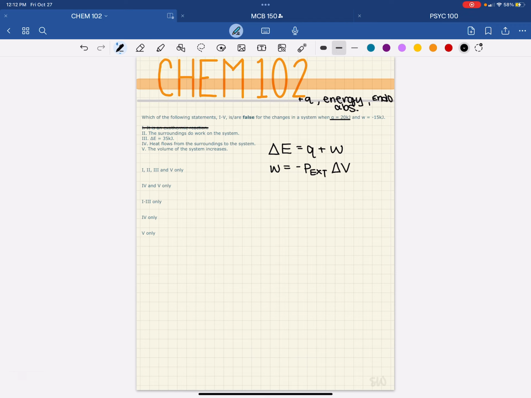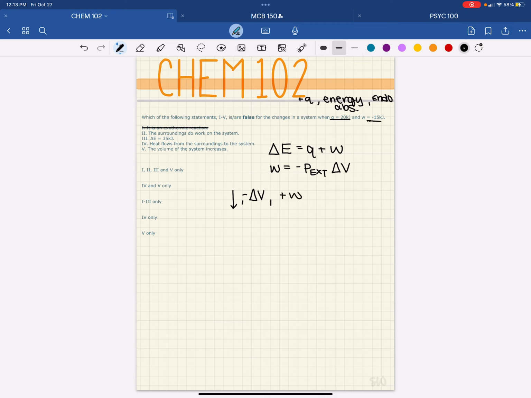We know that the surroundings do work on the system. For the surroundings to do work on the system, it would need to compress. For the system to compress, the delta V would have to be negative. For the delta V to be negative, the work would have to be positive.